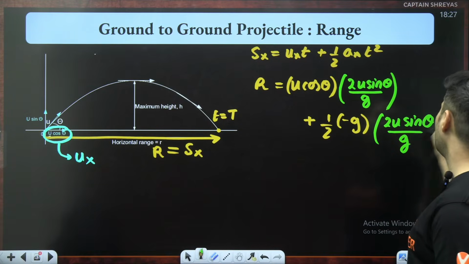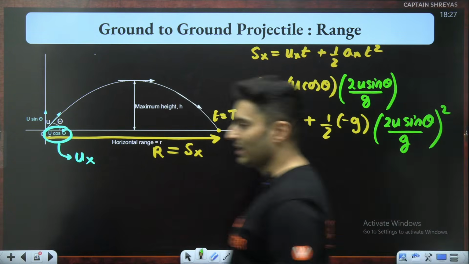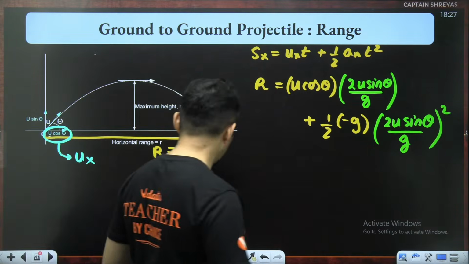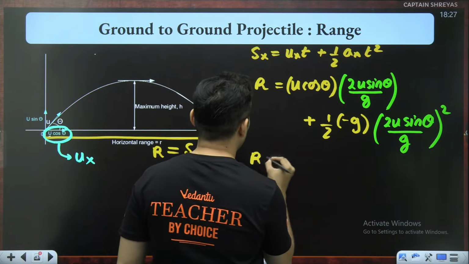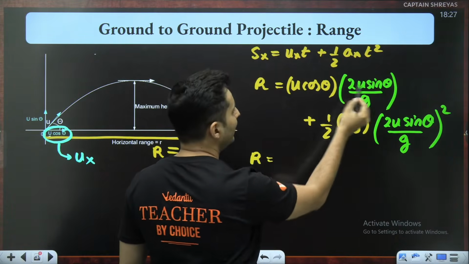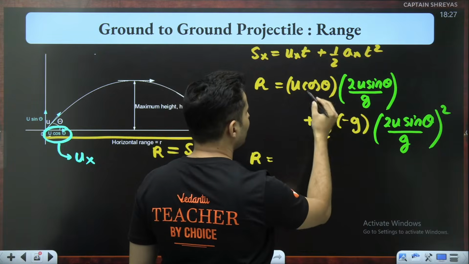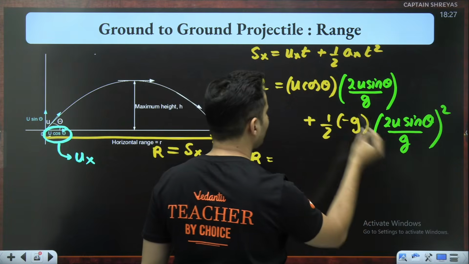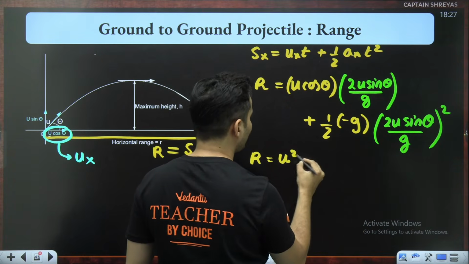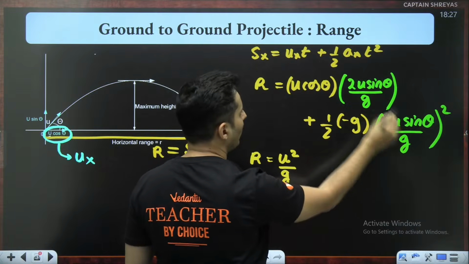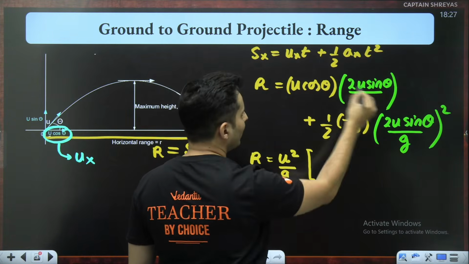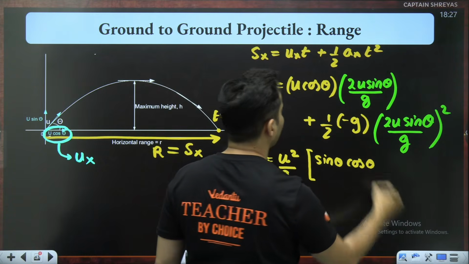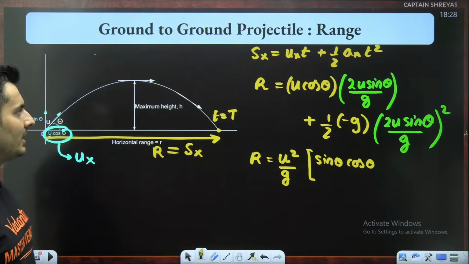That's what it is. Now, what will you do? Just solve it. There is no other option. So what will you get? u into u is u square, and I can see u square is there here also. One g will remain below. So I can see u square by g is common in both of them. What is remaining here is sine theta, cos theta.